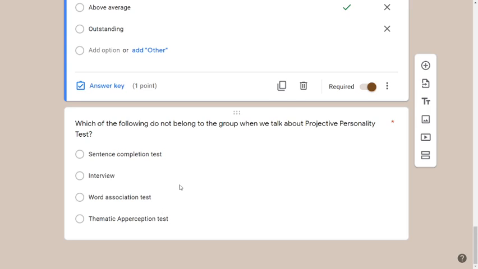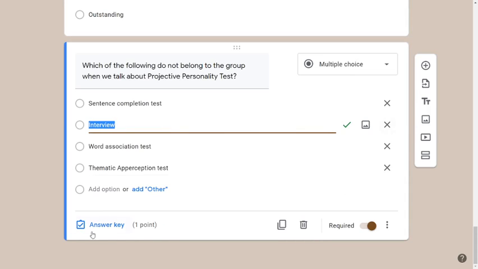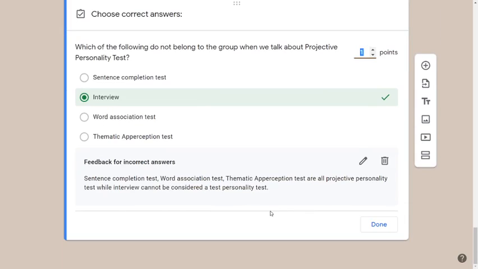Therefore, interview is the right answer here. Sentence completion test, word association test, and thematic apperception test are all projective personality tests, while interview cannot be considered a personality test.